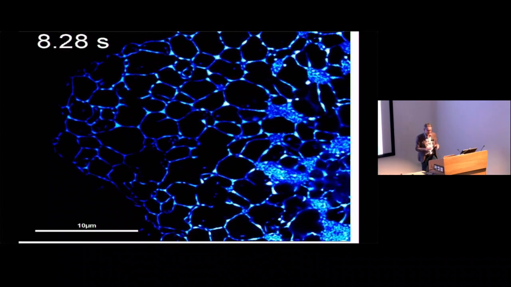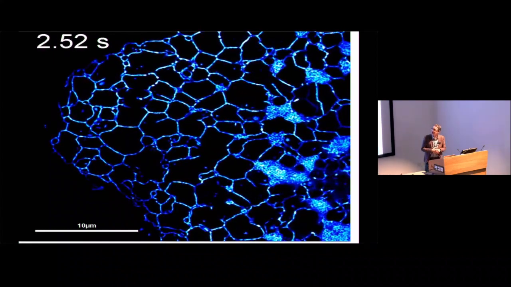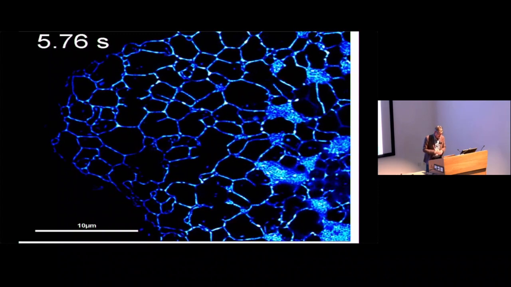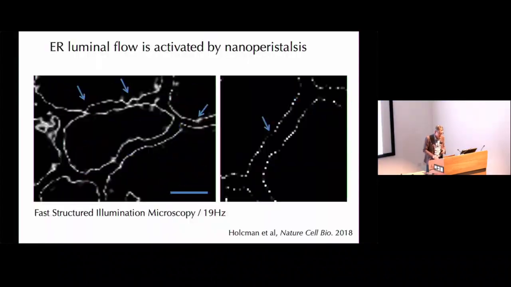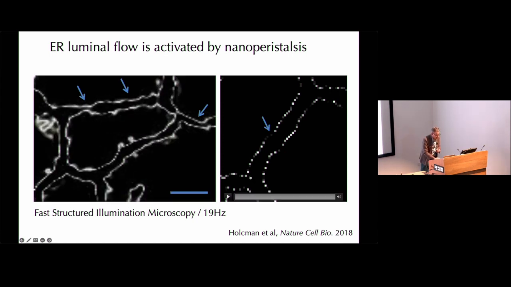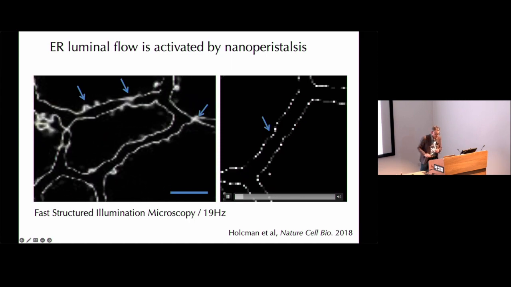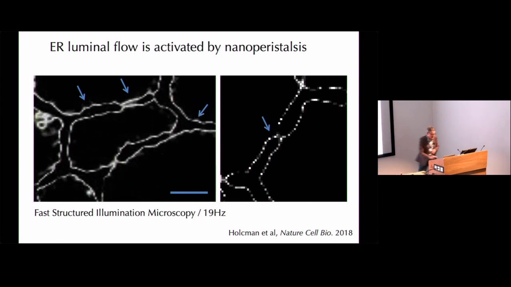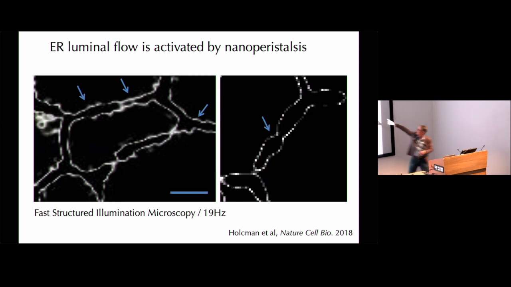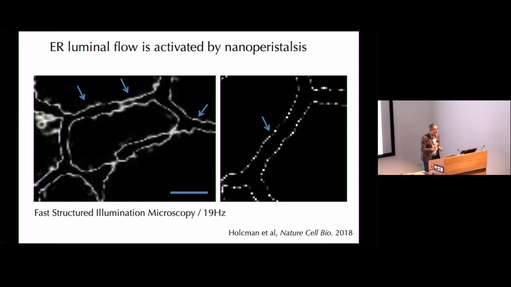Looking at this together with our colleague Edward Avezov, we noticed, if we looked in a bit more detail, that these ER networks, these tubular networks, display pinching points. If I turn on the microscope here, you can see that every now and then you get these pinching movements on these tubules.